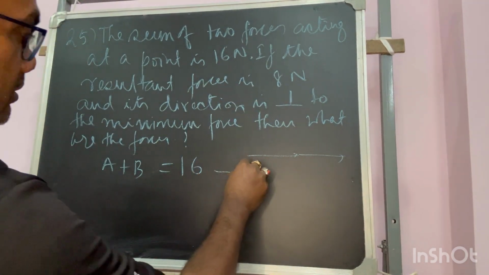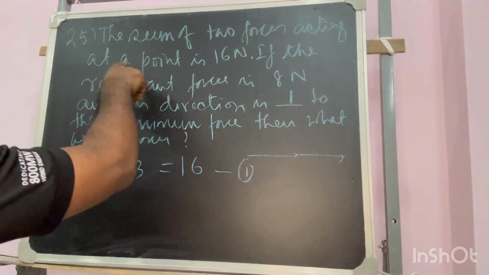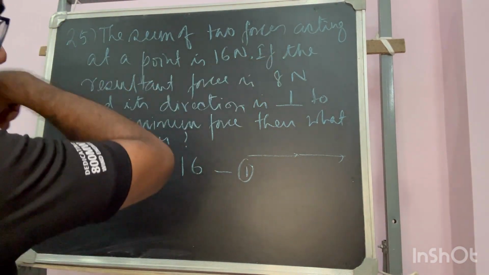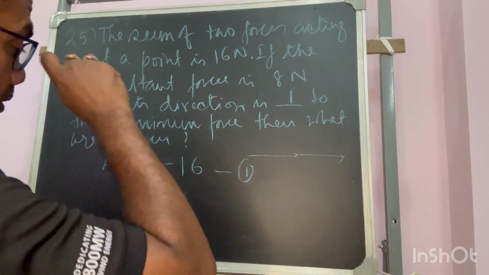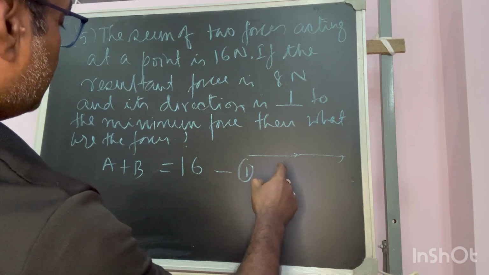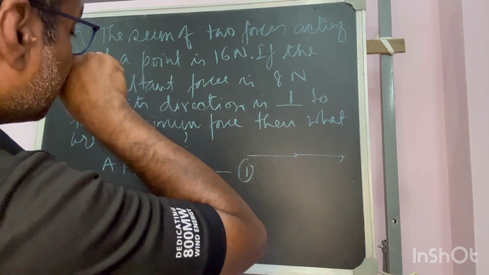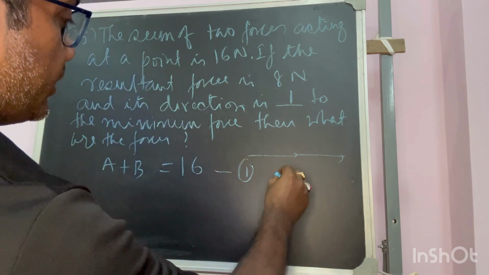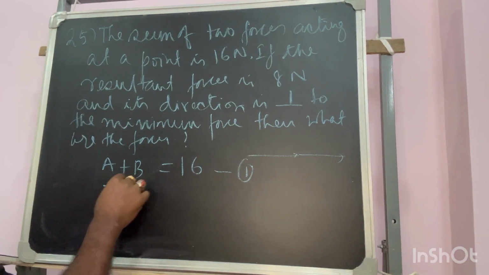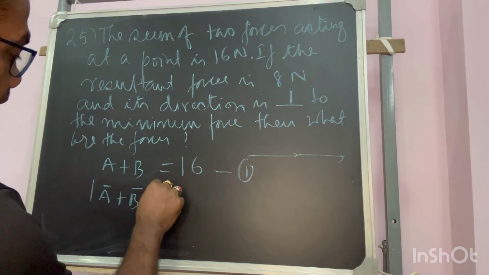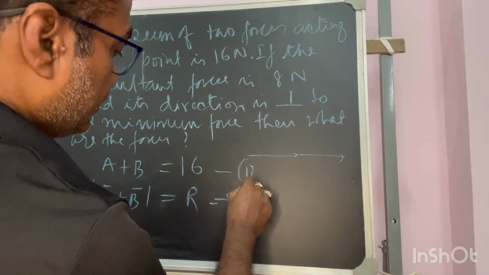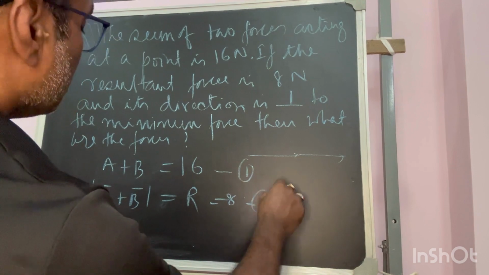That is the implication of this part. If the resultant force is 8 Newton, that means the resultant of A plus B is equal to 8 Newton. This is the second one.